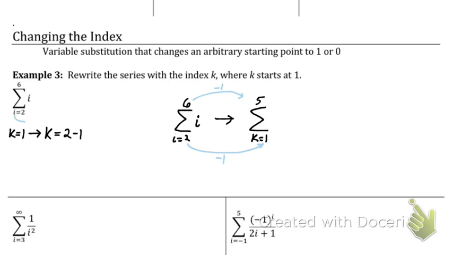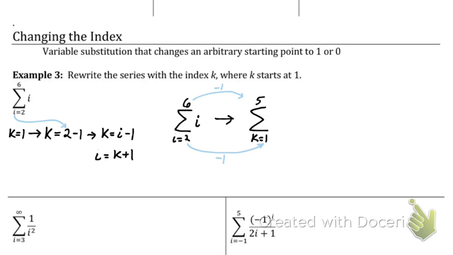What that allows me to do is replace this 2 with i. So we would then have k equals i minus 1. If I add 1 to both sides, I realize that i equals k plus 1.